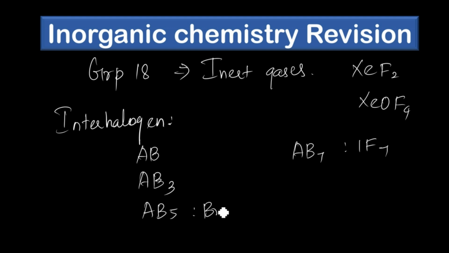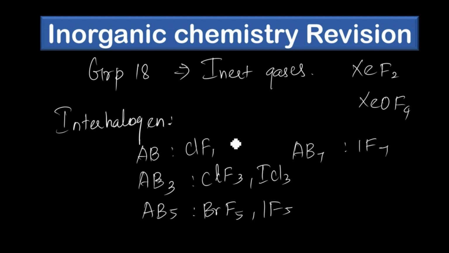Then BrF5, IF5, ClF3, all these are made by halogens only, right? Then ICl3, ClF, and so on. So these are the interhalogen compounds. The oxidation number of the central atom increases in the case of oxyacids. Okay, so that's it about the P block elements.